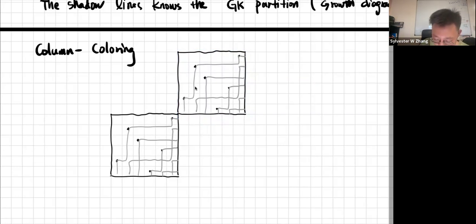I'm going to imagine that my permutation is all of a sudden bigger, and then you do the same shadow line construction on this bigger permutation.